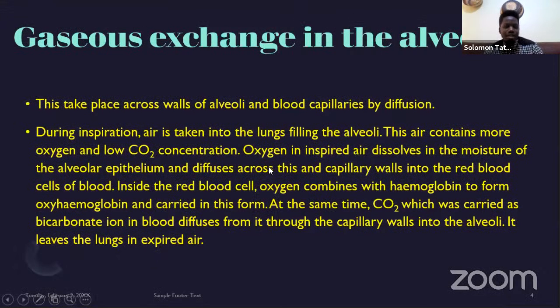So the other thing for us to really note, we have already talked about it, but it's okay. We can always repeat. Gaseous exchange takes place across the walls of the alveoli and the blood capillaries by diffusion. During inspiration, air is taken into the lungs, filling the alveoli. This air contains more oxygen and low carbon dioxide concentration, like we have said.